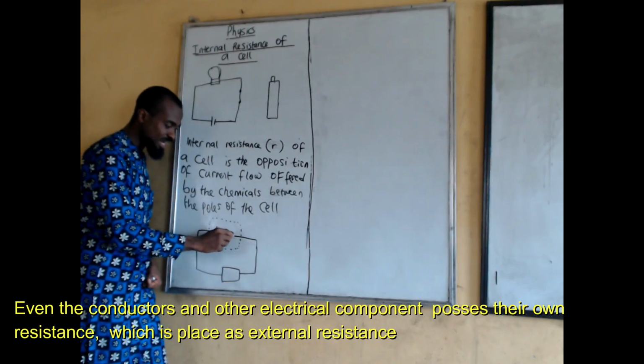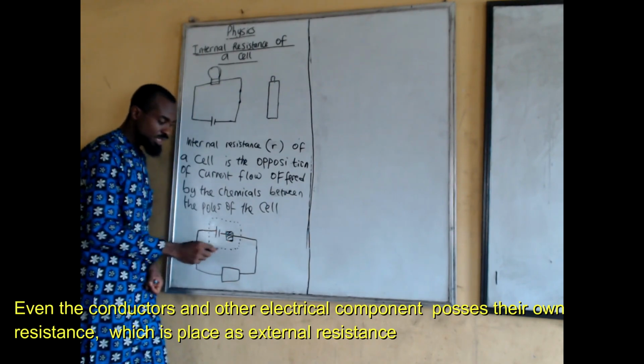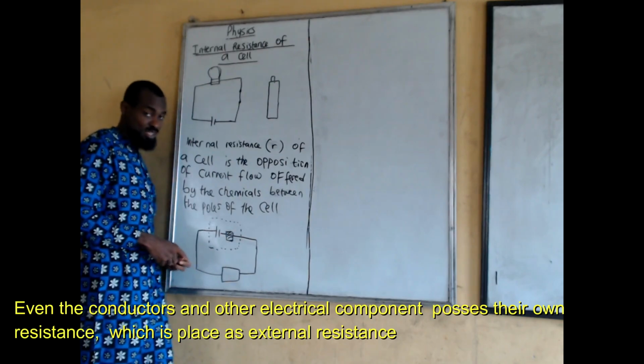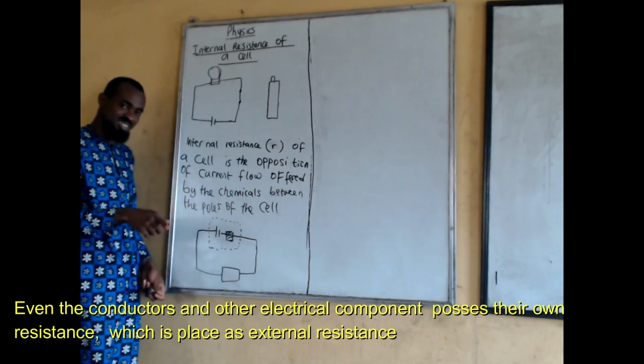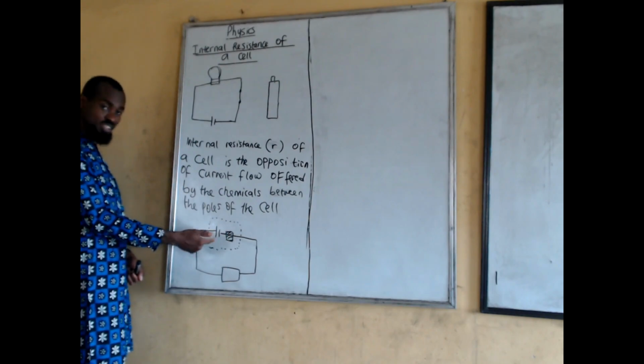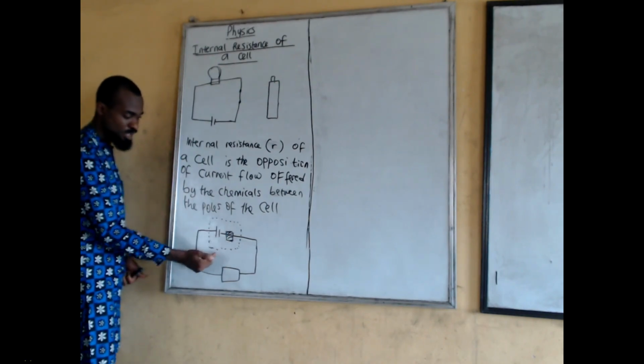It's not that there's a resistor inside it, but it's like there's something like a resistor that has resistance inside. So imagine that there was a resistor inside the cell; that's what I'm labeling with dots.